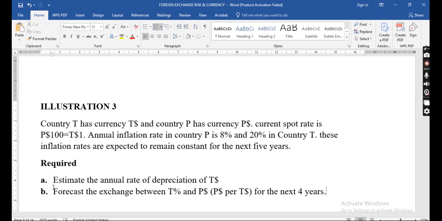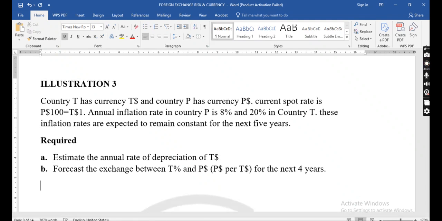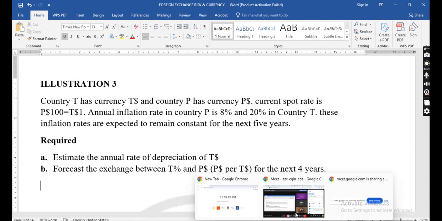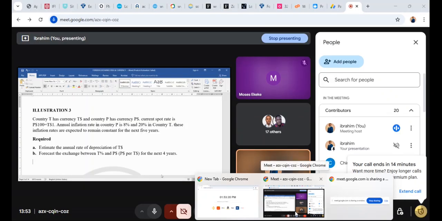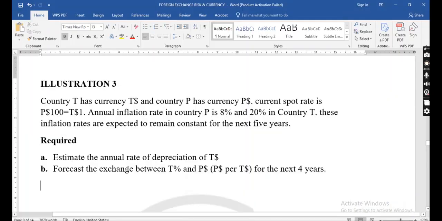Okay, so this is a question that requires us to determine the depreciation rate. Class, this is the question that requires us to do what? To determine what? Depreciation rate.